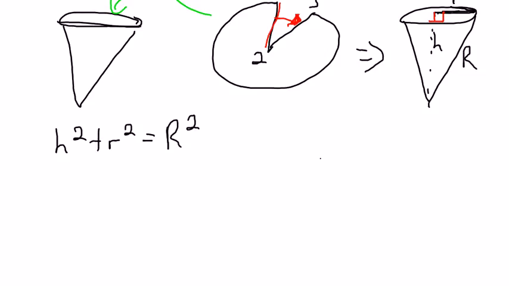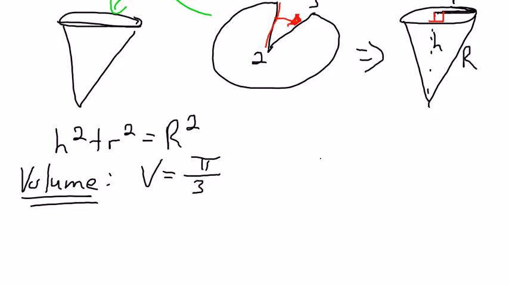So, optimization problem, we want to find out the capacity of the cup. In this case, we want to find out what the largest volume is going to be. And we know that the volume of a cone, and you can look this up on Wikipedia or in one of your textbooks if you don't already know this, is pi over 3 r squared times the height.